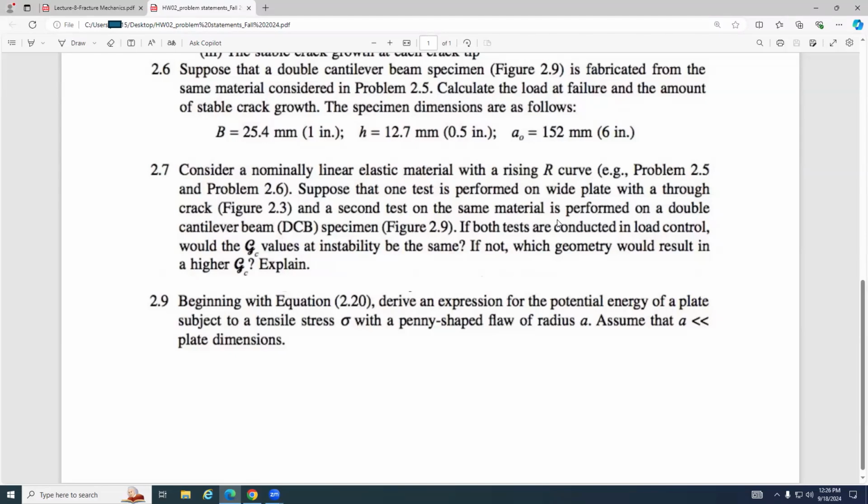So this is for the penny-shaped crack. Now, potential energy.